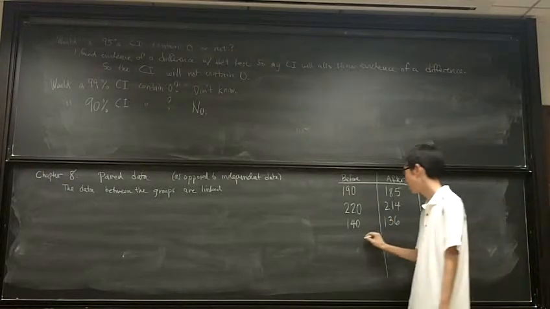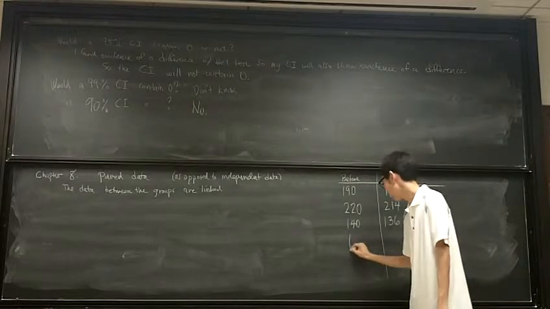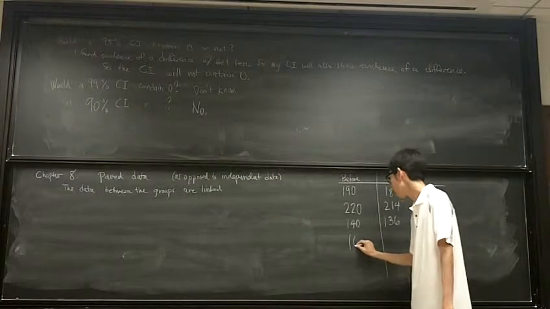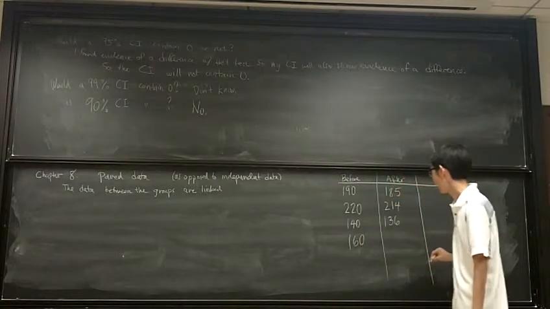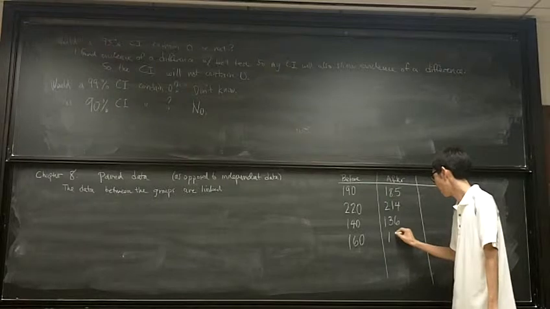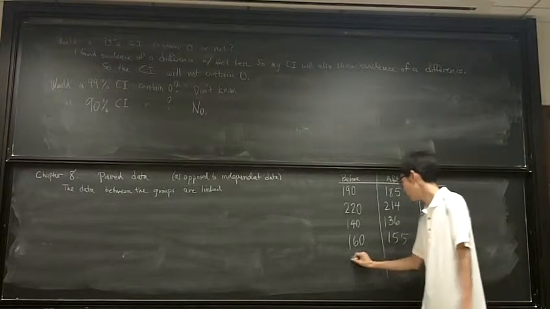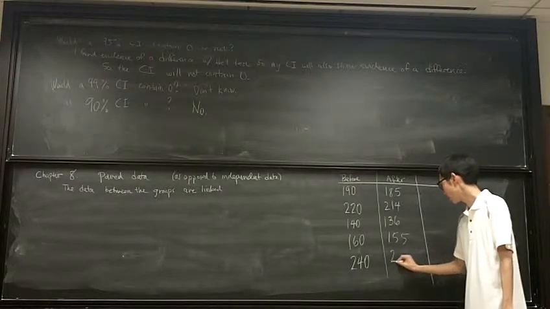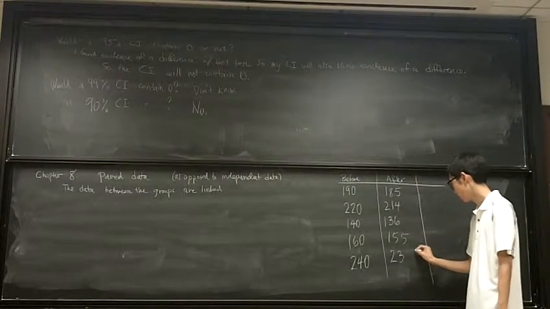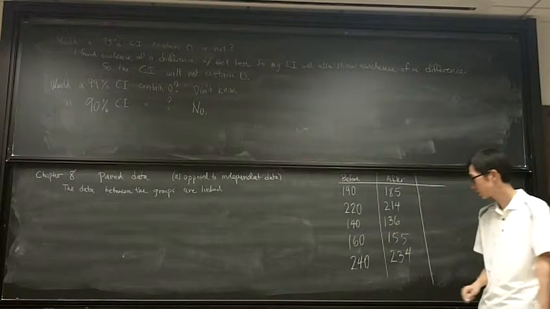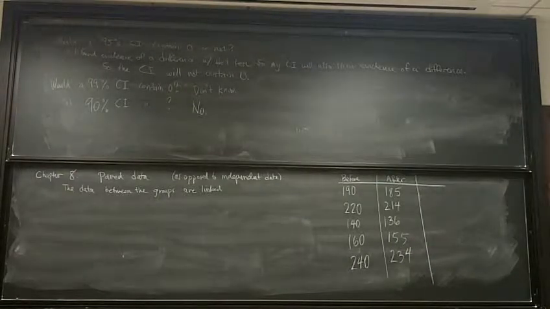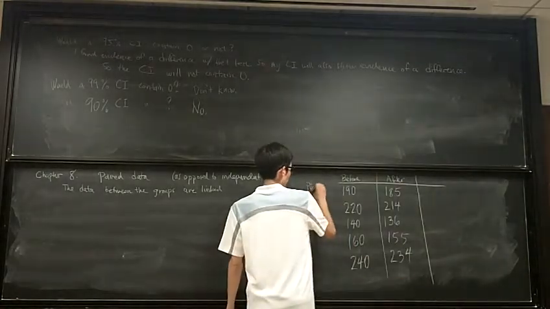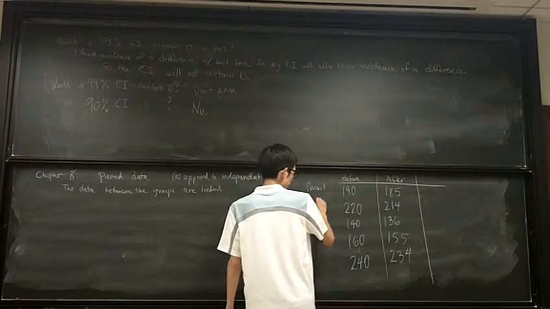And someone else started taking the pill at 160, and afterwards weighed 155, and someone weighed 240, and afterwards weighed 230. Okay. Looking at this data, so this is person 1, 1, 2, 3, 4, person 2, so on and so forth.